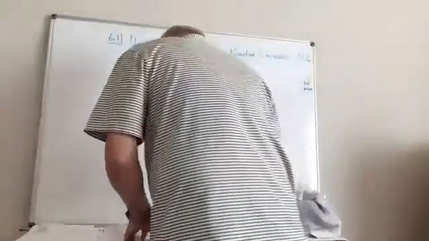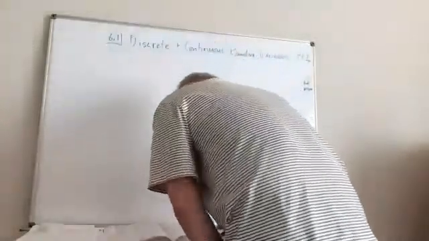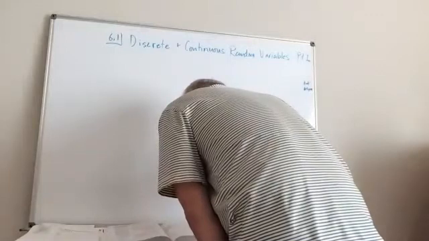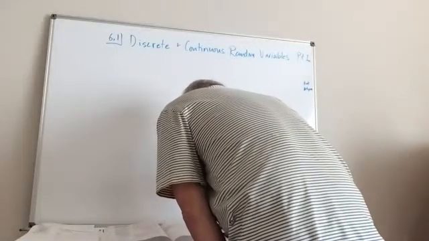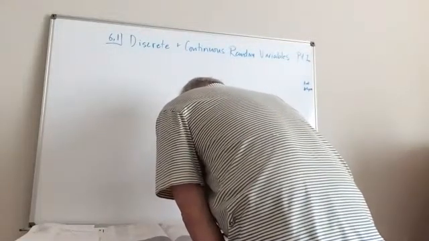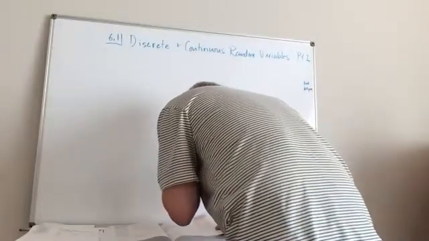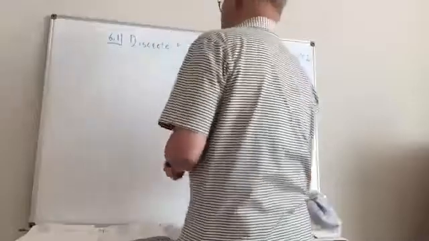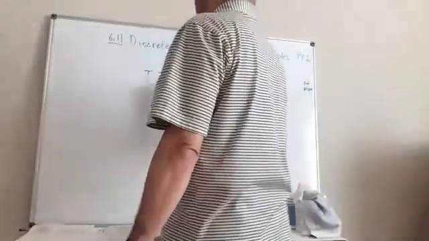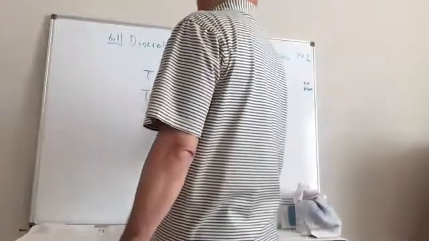Okay, so the example that they use is tossing a coin 3 times and finding the number of heads. So if I toss it 3 times, this is what I can get.